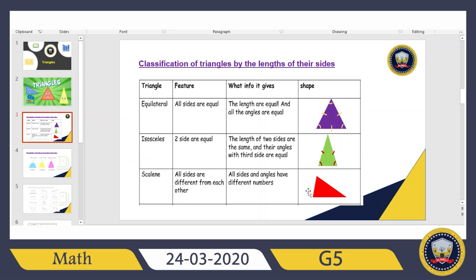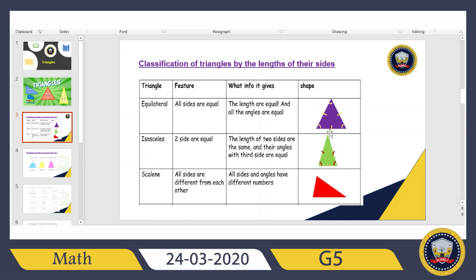So the triangle in which all sides are different in their sizes, we call a scalene triangle. So I have three types or three names for the triangle based on the length of its sides.